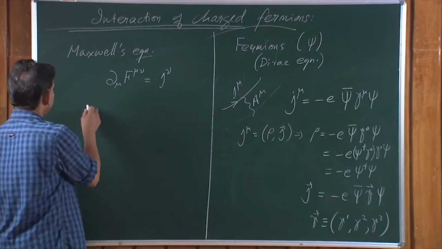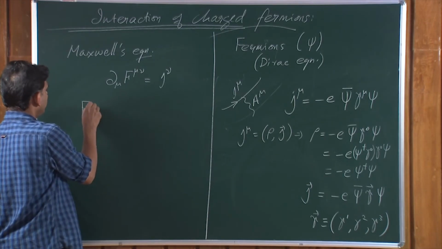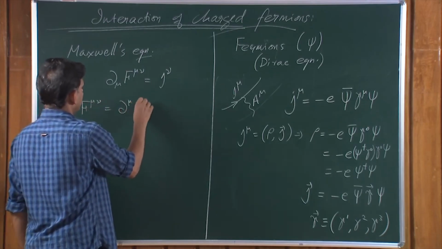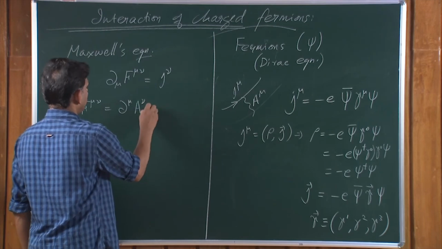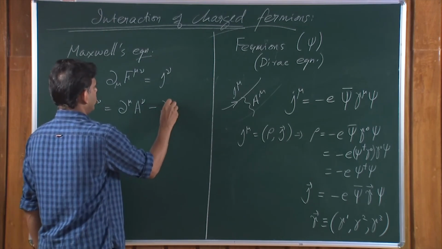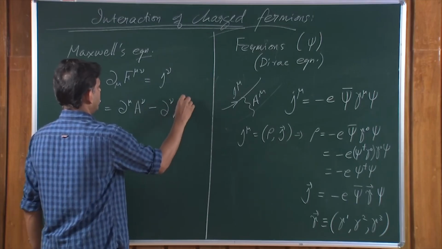This can be written in terms of the potential or the photon field, F mu nu is essentially dou mu A nu minus dou nu A mu.